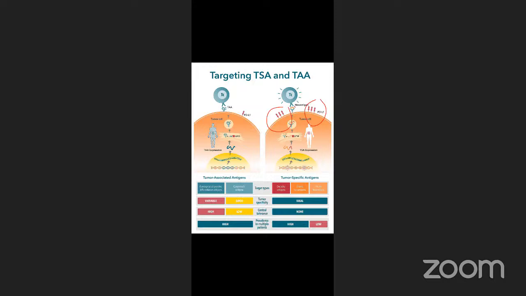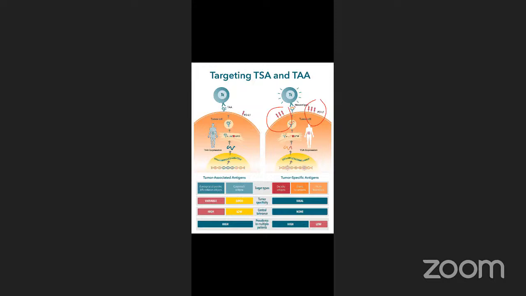Inappropriate expression means normal cell surface molecule production is disturbed due to different reasons, and an inappropriate protein is expressed on the surface of the cell, especially embryonic protein. So that may lead to the production of fetal oncogenes. So this is about tumor specific antigens.